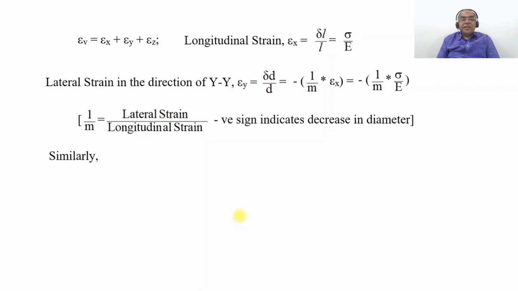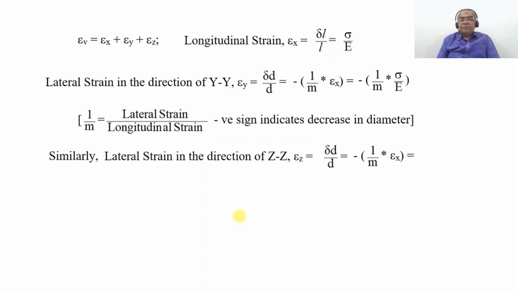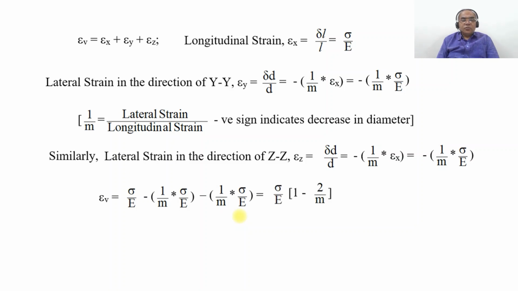Similarly, epsilon z will be equal to delta d by d again, which will be minus of 1 by m into epsilon x, which is minus of 1 by m into sigma by E. The volumetric strain is again the sum of all three: sigma by E minus 1 by m into sigma by E minus 1 by m into sigma by E. You take out sigma by E as a common factor, so you will get 1 minus 2 by m.